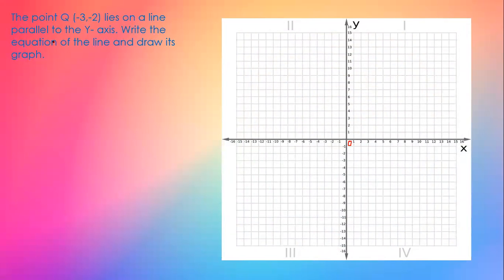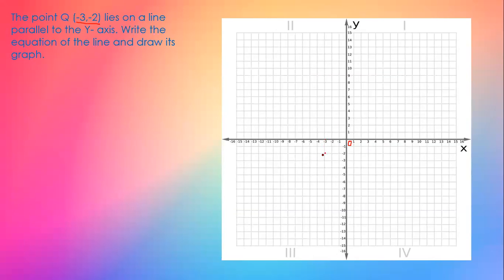Now here the coordinates given to us are -3, -2. So on the x-axis, we can see -3 here. And on the y-axis, we can see -2 here below. So the point will be here.